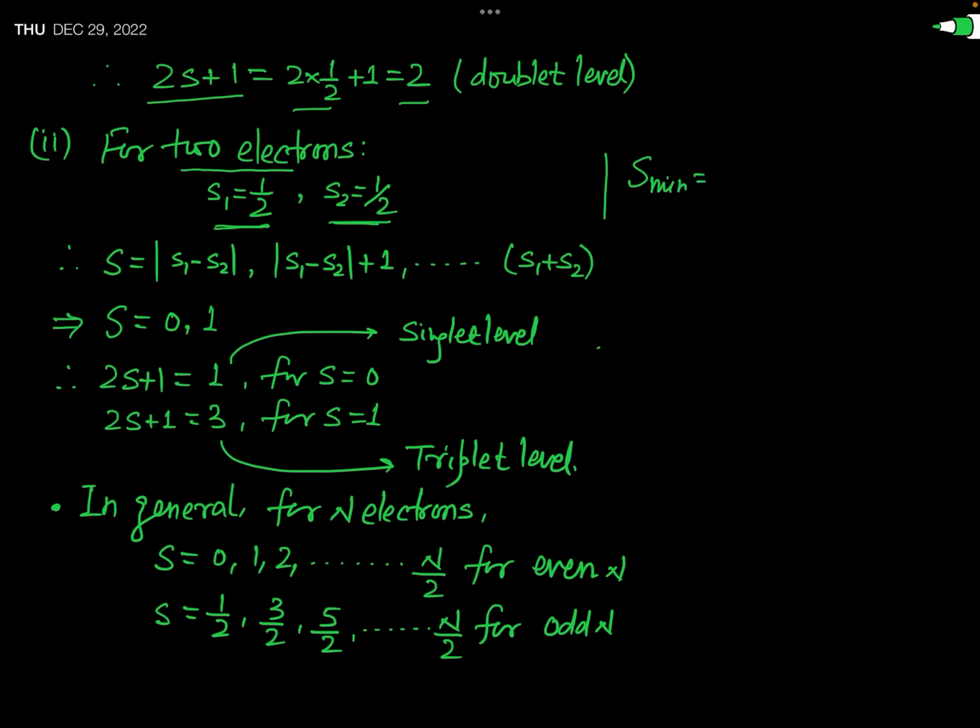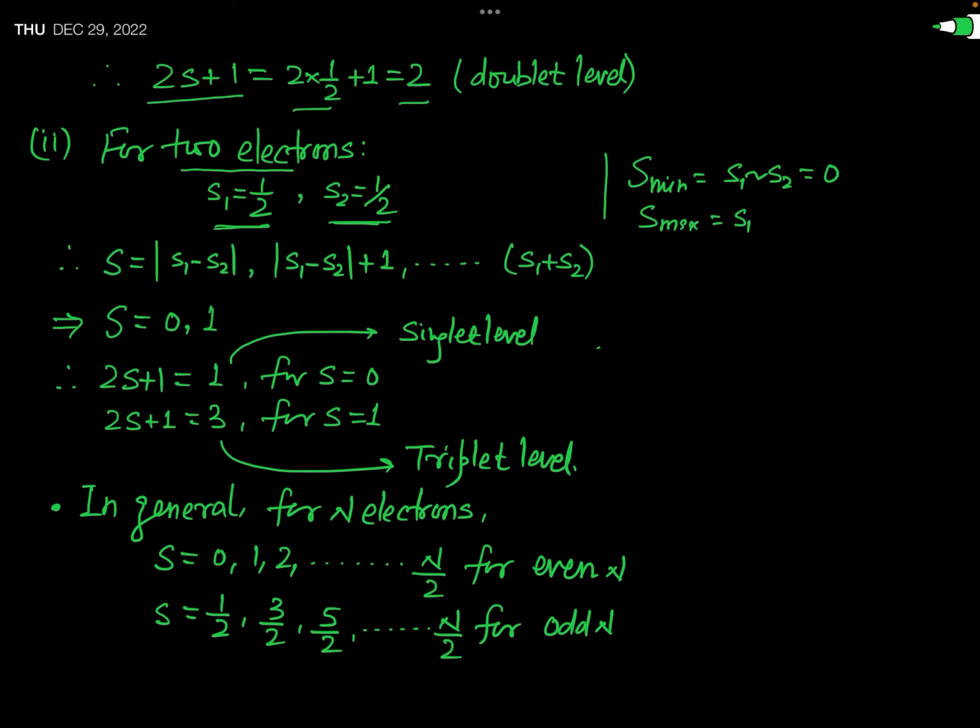S minimum will be simply the difference of S1 and S2, and this will be 0 because both are equal to 1 by 2. And S max, what will be the maximum value?